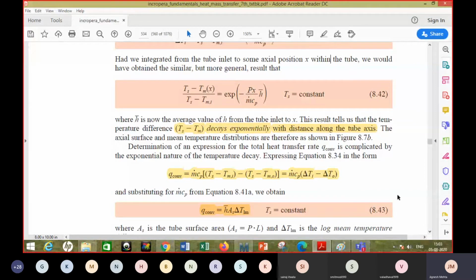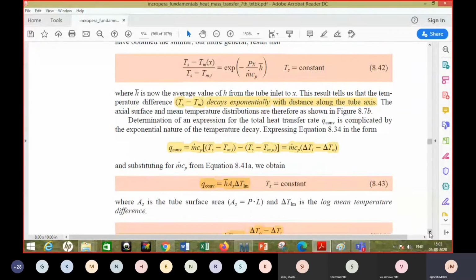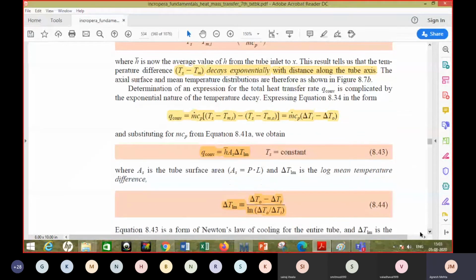So Q convection is nothing but m dot Cp into delta Ti minus delta To.